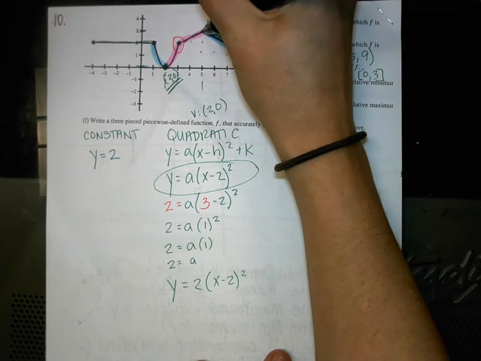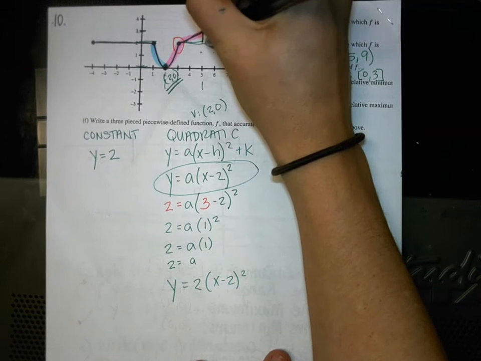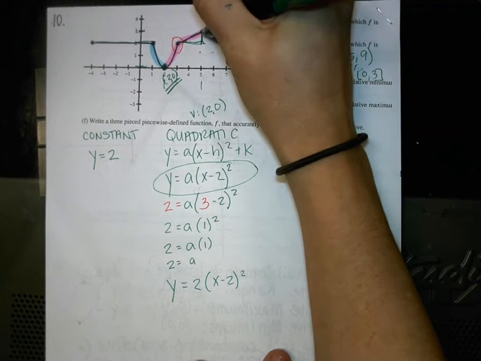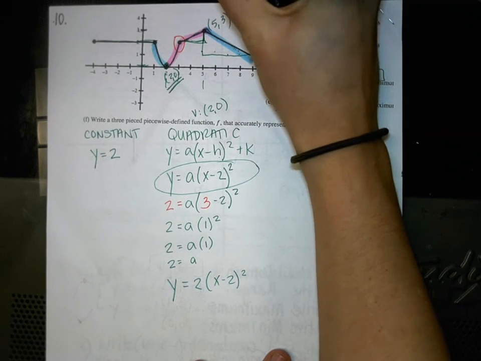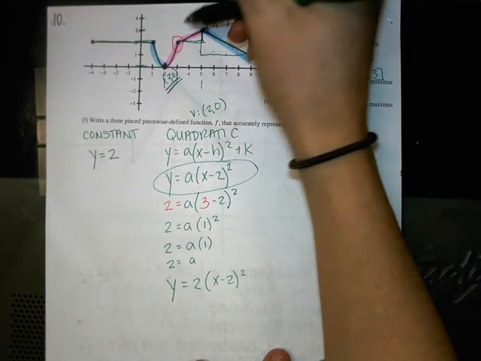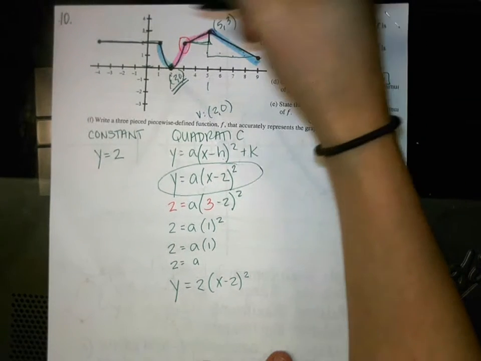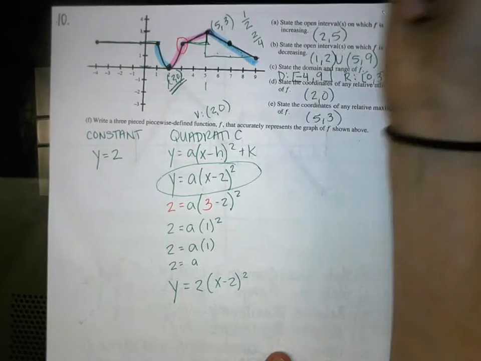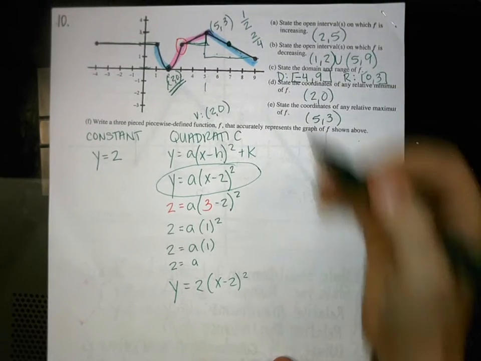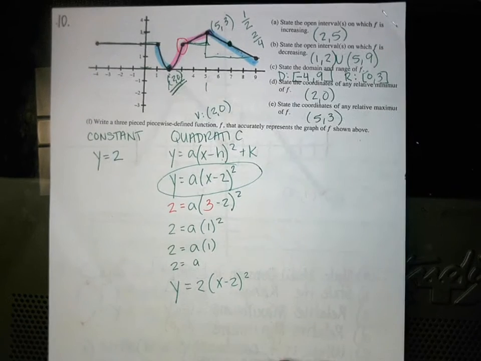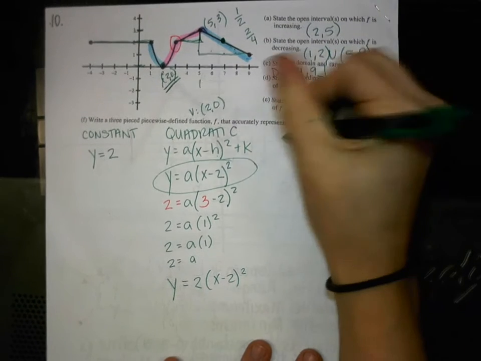So this was down 1 over 2. This was down 2 over 4. So 1/2 is equal to 2 over 4. So this is an absolute value function. I could plot a point right here, and I just want to make sure that that's where it intersects, but it was hard because it didn't have a point plotted there. So this is absolute value.